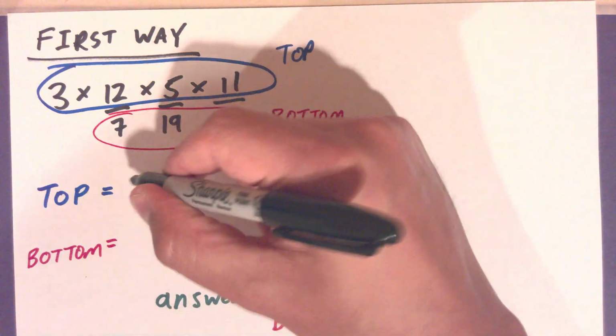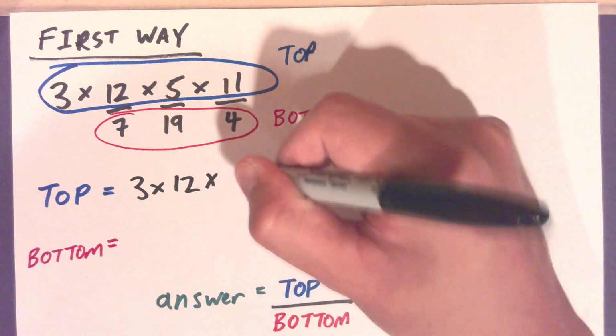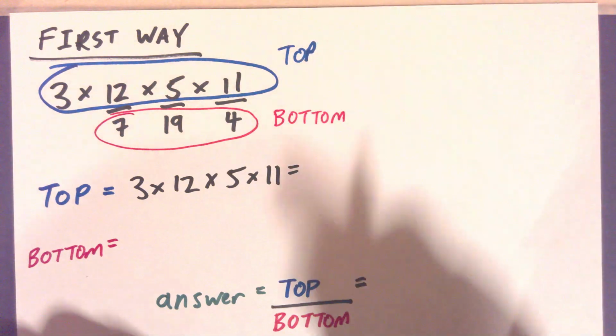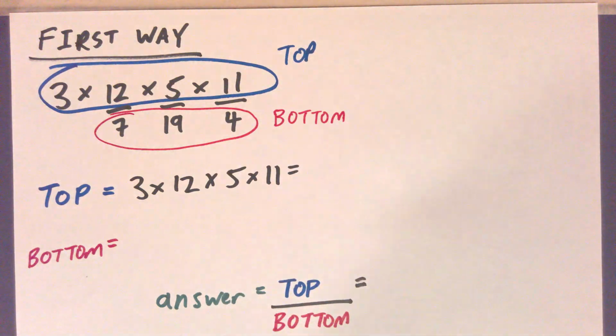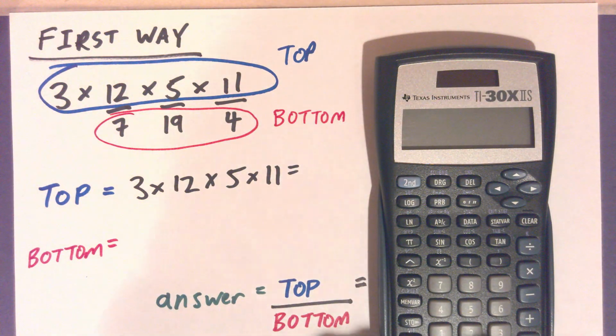We have our 4 top numbers: 3 times 12 times 5 times 11. Let's go ahead and get an answer to this right now. I'll be using the Texas Instruments TI-30X2S.